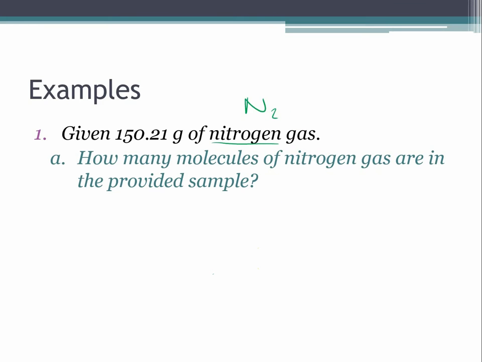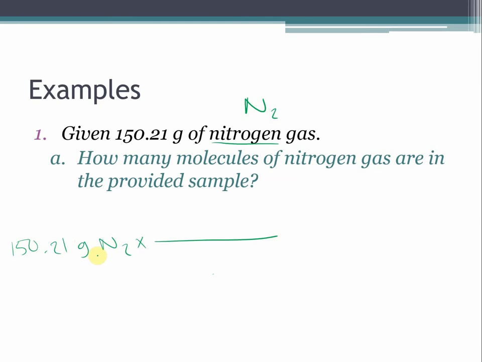So then to find how many molecules of nitrogen gas are in the sample, we will set this up like a regular conversion. Start with what you know, 150.21 grams of N2 times a fraction.